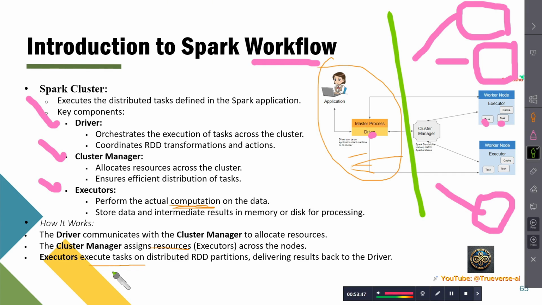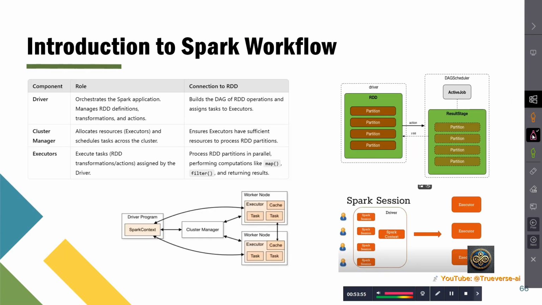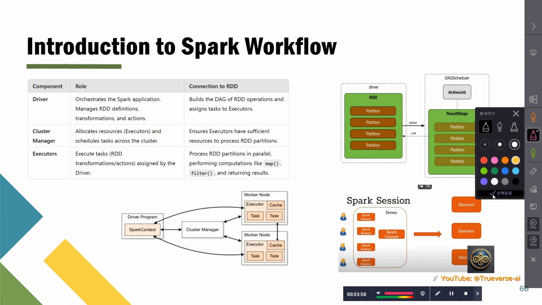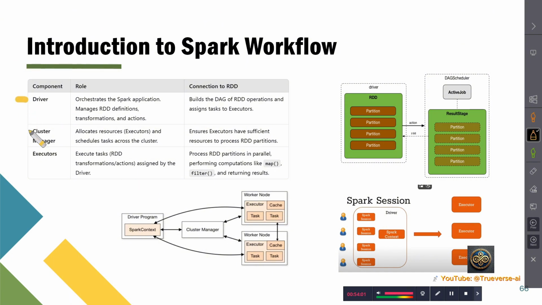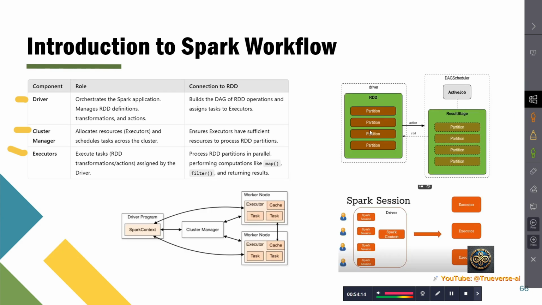I can show you another figure in the next slide. Here you will see again the driver and cluster management. In the driver, you partition here. This is an RDD example. You partition and then send to the DAG scheduler. This is on the cluster.